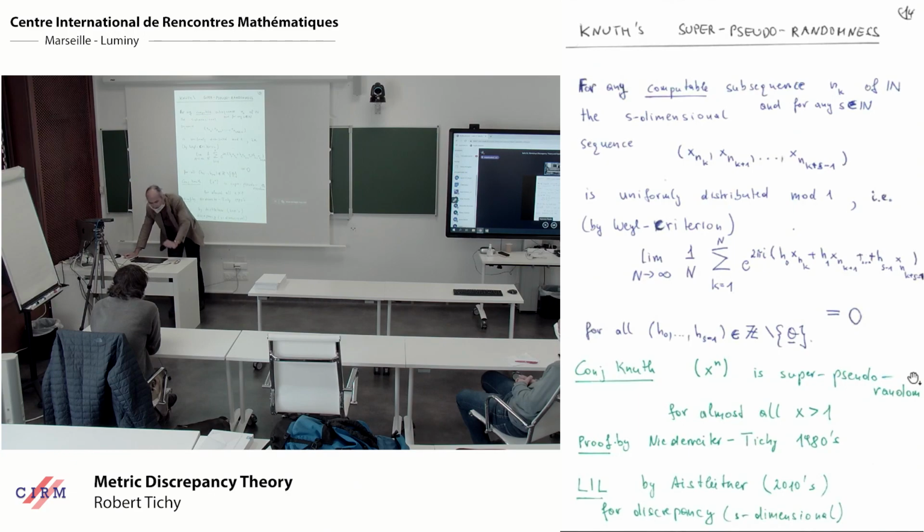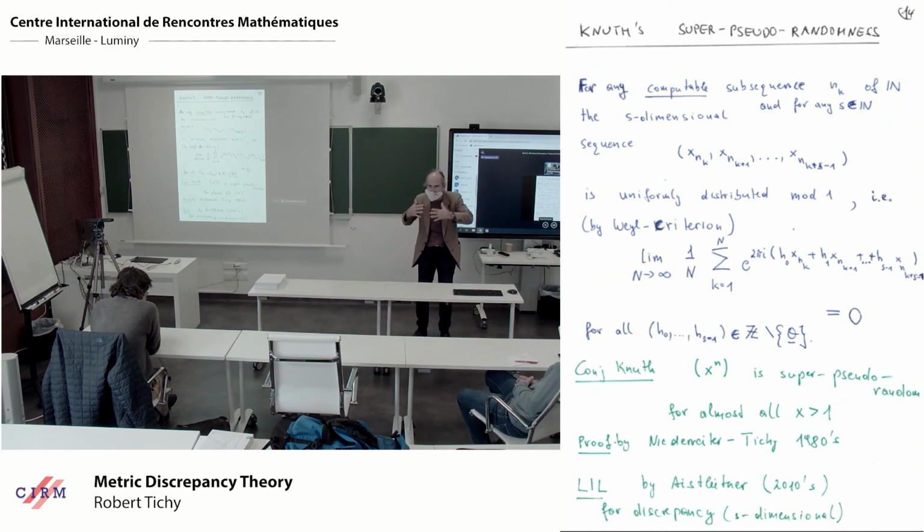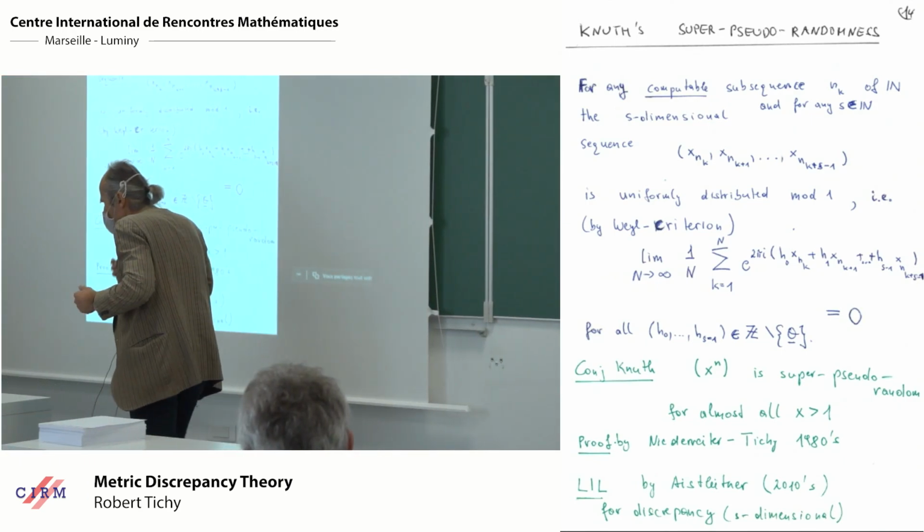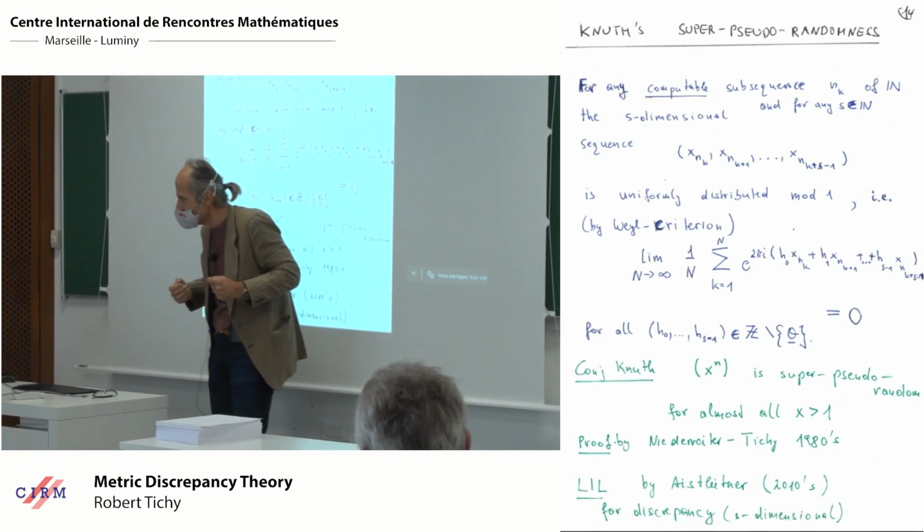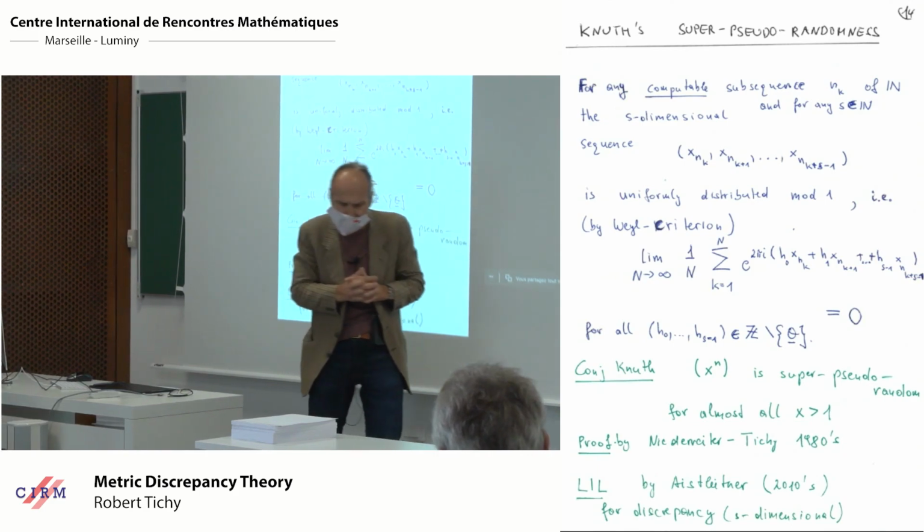Okay, and now I'm approaching the end of the talk, and you have seen the philosophy was to glue arithmetics and analysis to analyze discrepancy in a metric sense for such sequences.